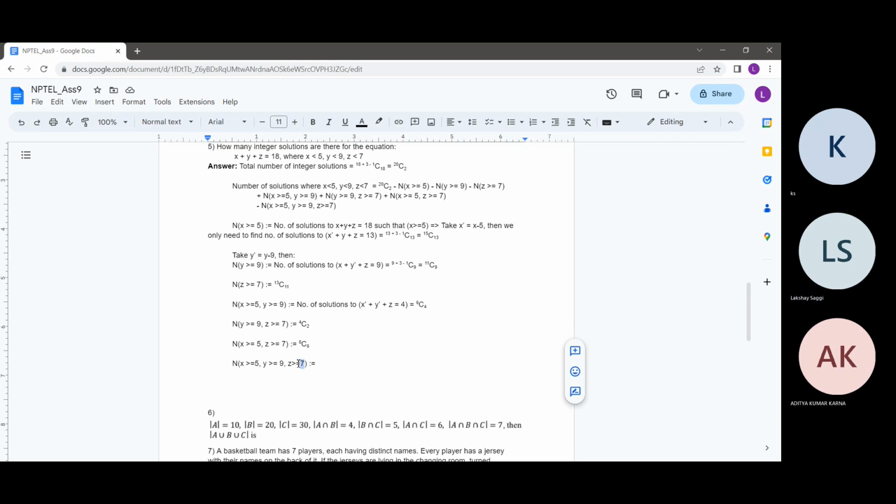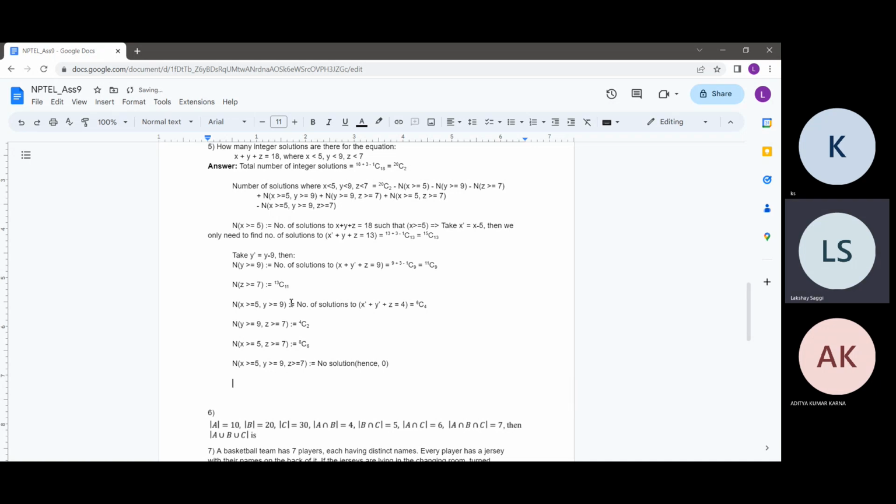So yeah, actually what I'll get is x prime plus y prime plus z prime is equal to 18 minus 21, which will be minus 3. So x prime plus y prime plus z prime should be equal to a negative number, where x prime, y prime, z prime are non-negative. So this will have no solution. It's 0. So this term will be 0.